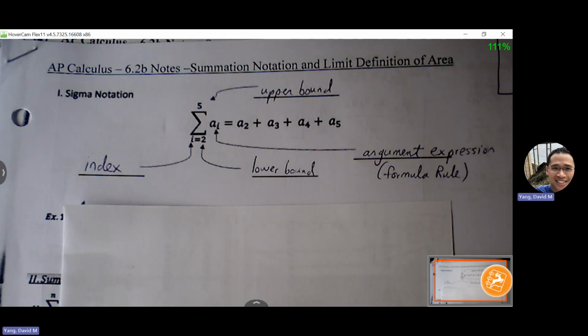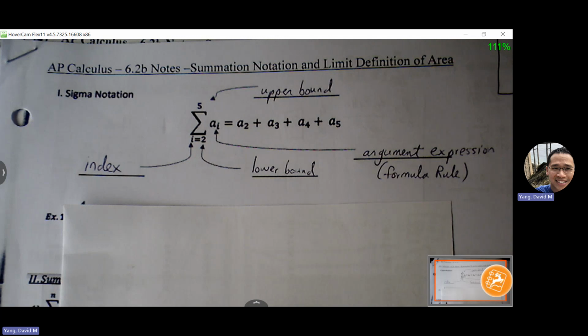And the upper bound, this is a point of confusion for some students. Upper bound doesn't necessarily mean that that's the number of terms you're going to see. It just means that it's the last variable that you're going to insert into the expression. So if we start at 1, then yes, our upper bound will always represent the number of terms that we see.